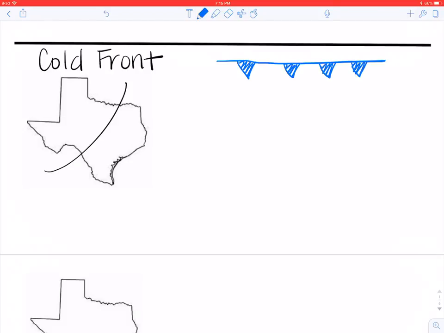I always remember that this is a symbol for a cold front because the triangles kind of remind me of icicles. So they're little icicles hanging down. Reminds me that it's cold. I'm also going to draw my cold front on my Texas here to show that a cold front is moving through Texas. Definitely something we need right now.